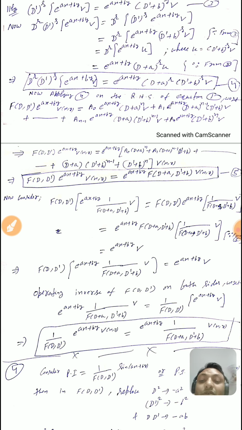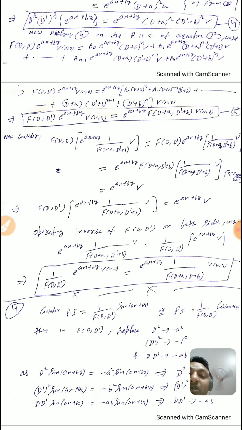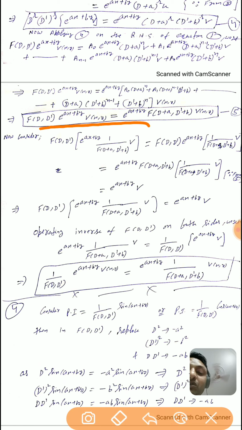Now we consider this equation, f of D, D dash, e power ax plus by, into 1 upon f of D plus a comma D dash plus b, into b.